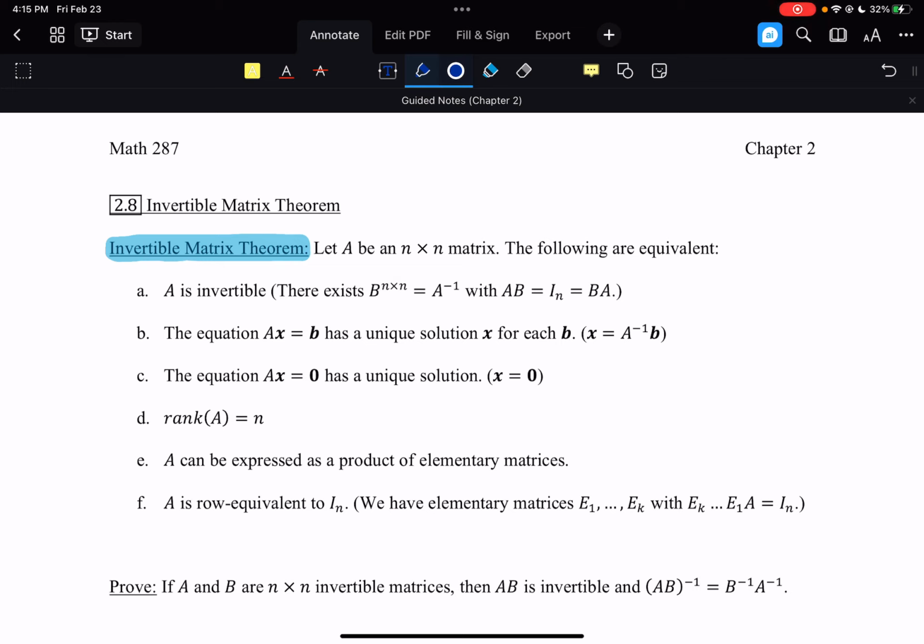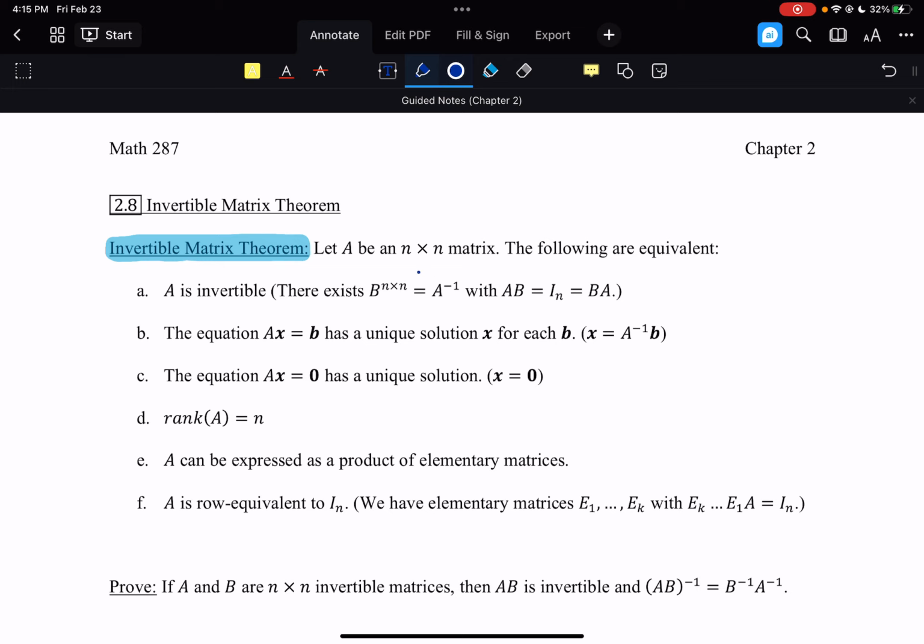You can see right here, A through F right now. As we go through more chapters throughout this course, we're going to develop more and more equivalent statements that are compatible with the statement A is invertible. We're going to run our way through a lot of the alphabet by the time we get done with the course. But there are a lot of statements that we can use interchangeably with invertibility.